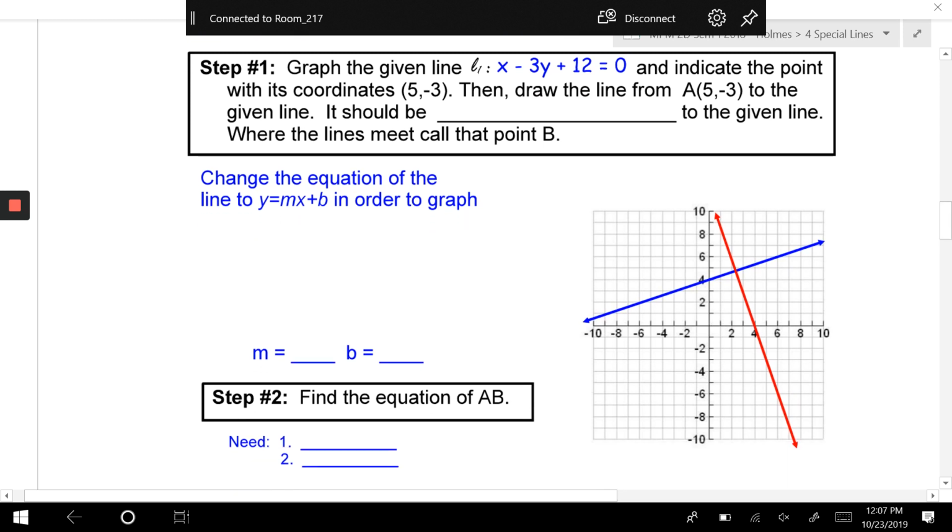So step 1 says to graph the line L1, x - 3y + 12 = 0, and indicate the point with its coordinates (5, -3). So I'm going to look for (5, -3).